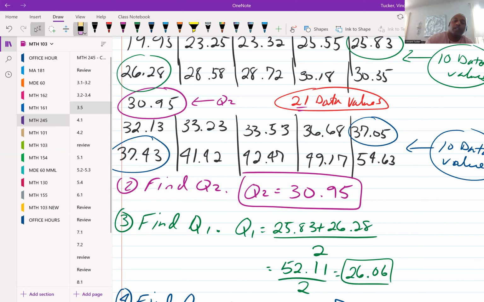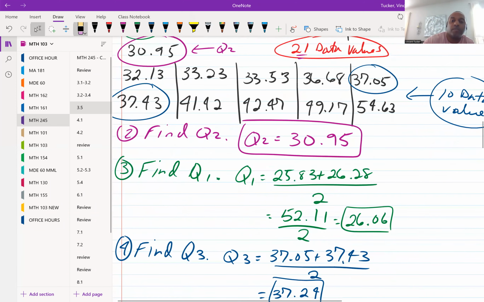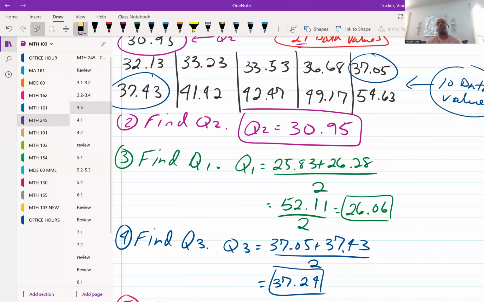Do the same thing for Q3. This time our two middle values are 37.05 and 37.43. Add them together, divide by 2, and that's 37.24.